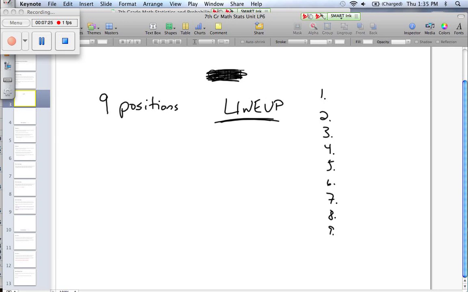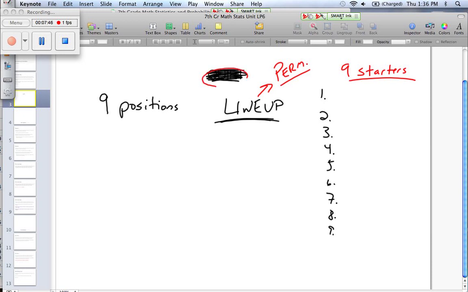As a manager, I want to know how many permutations or how many possible lineups I could have. I have 9 players that I know are going to start. How many different ways can I organize them in the lineup? This is a very similar problem to our problem on quiet.